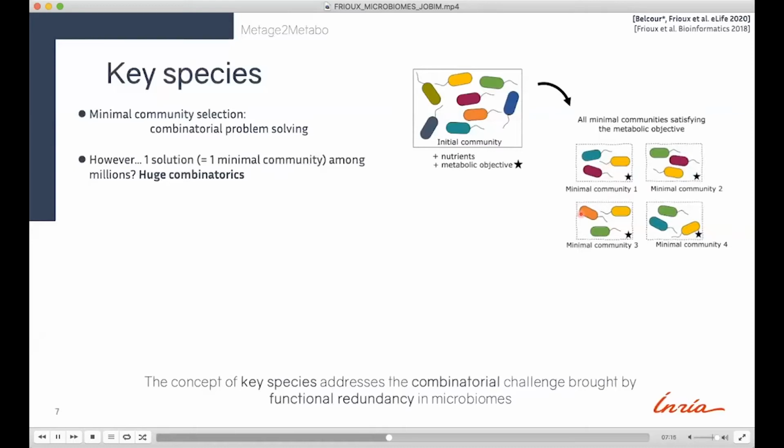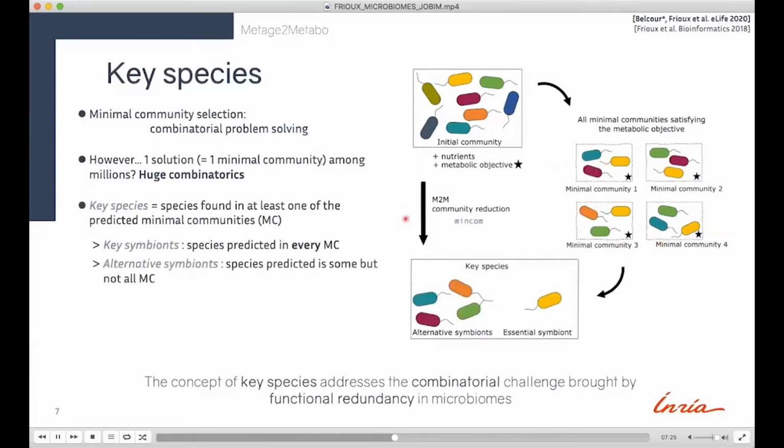So we have a huge combinatorics to deal with, and enumerating all minimal communities as well as analyzing them is very demanding. So instead, we propose the concept of key species that can be very easily computed and is the set of species found in at least one of the predicted minimal communities.